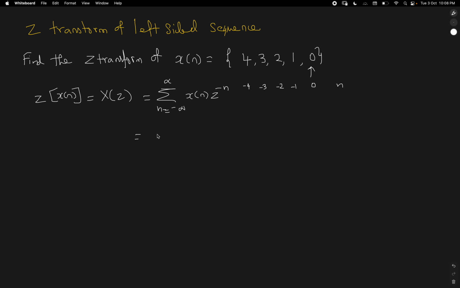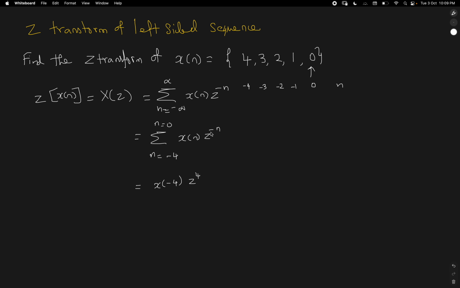So here the limit changes from n is equal to minus 4, this is the lower limit, to n is equal to 0. We can consider minus 1 also. And x of n z power minus n. If you substitute the values of n, then this becomes x of minus 4 z power 4.